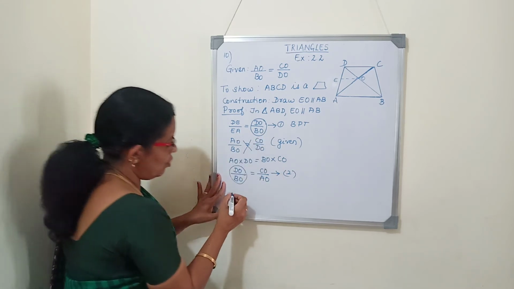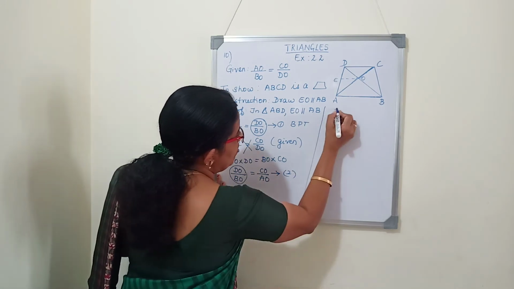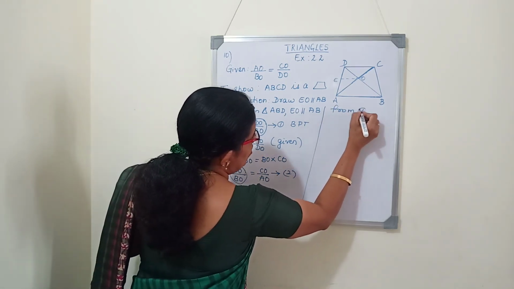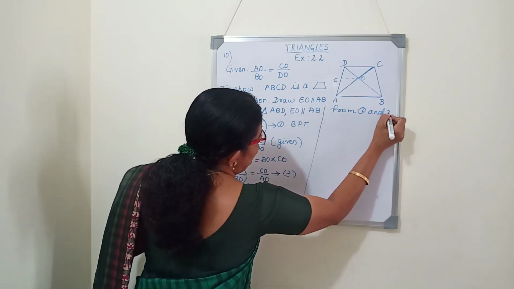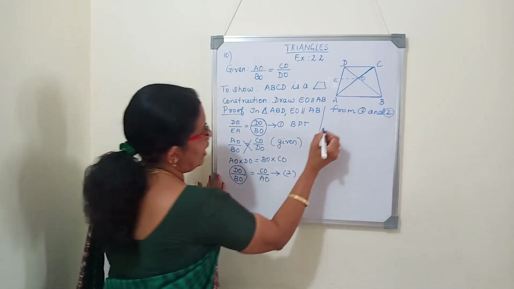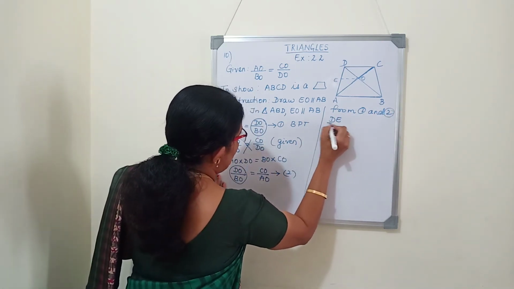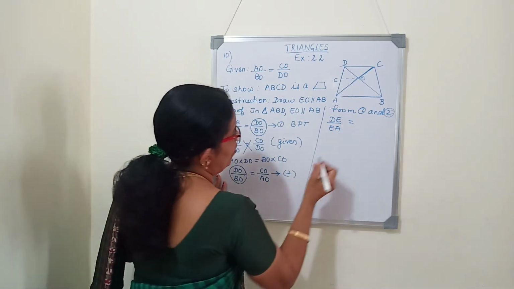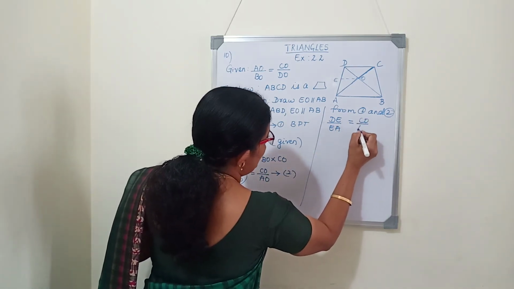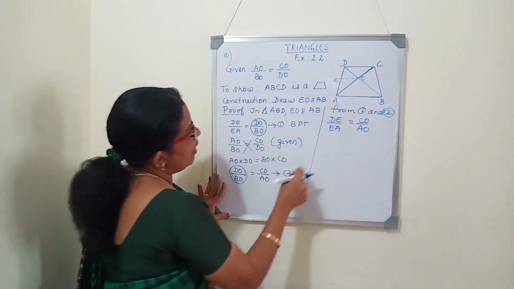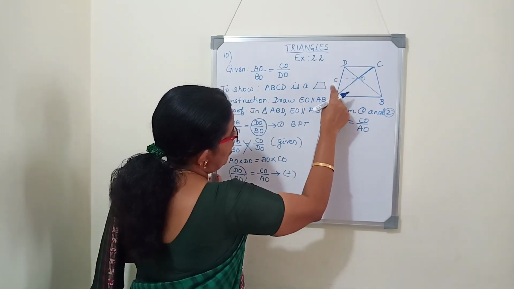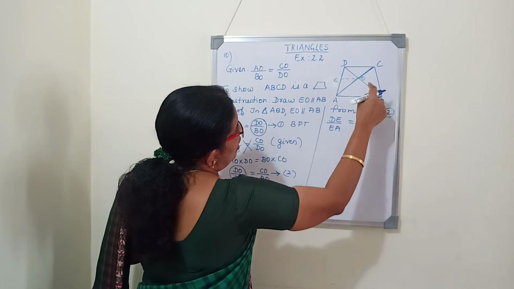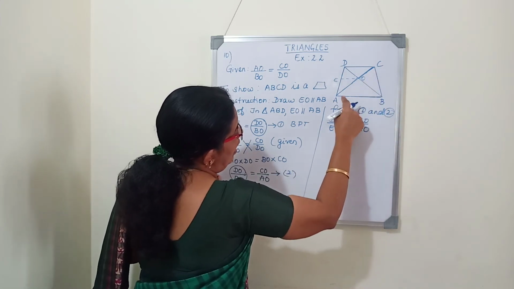Now from 1 and 2 we can write DE by EA is equal to CO by AO.